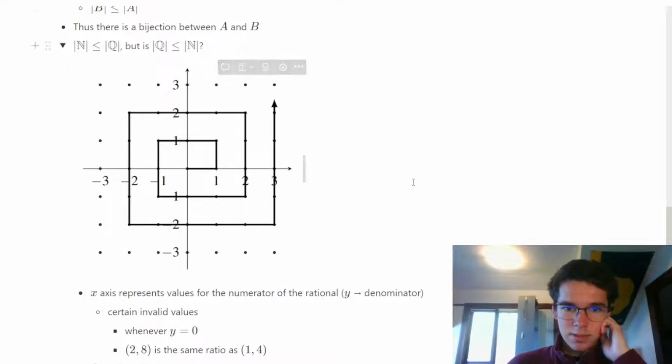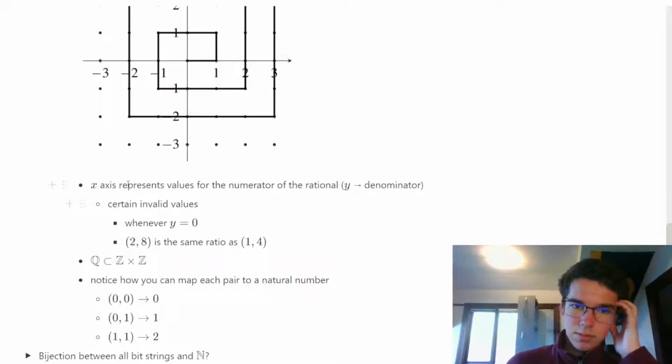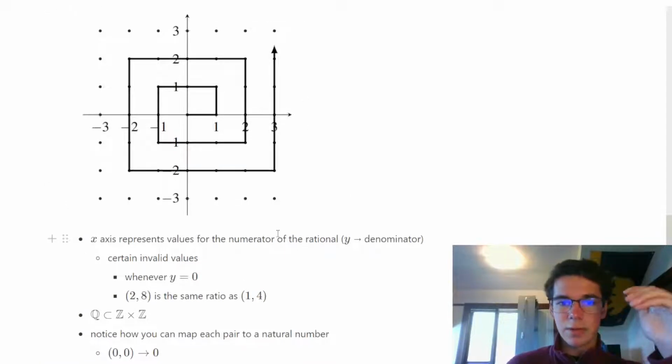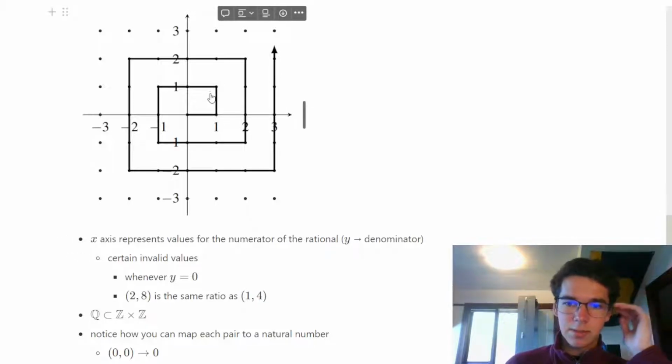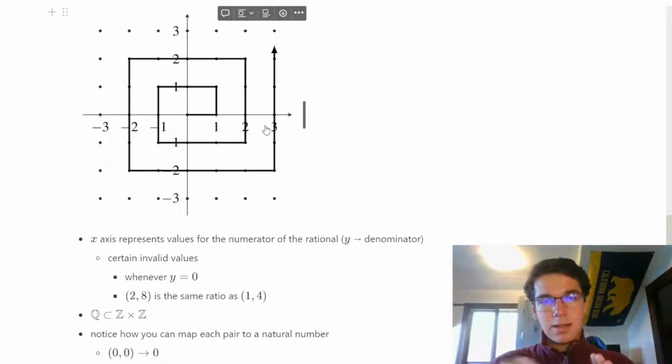So we're going to use this cool image here, and the x-axis is going to represent values for the numerator, or a values, and then the y-axis is going to represent values for the denominator. So as we can see from here, the set of numbers that we're generating is going to be z times z, right?